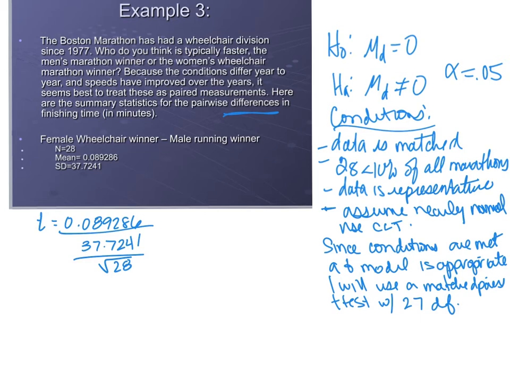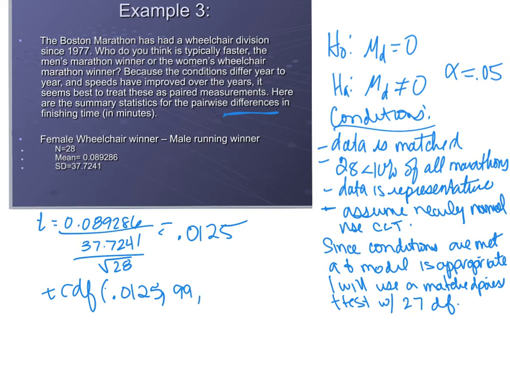Do that in the calculator. 0.089286 divided by 37.7241, that divided by the square root of 28 is 0.0125, and then TCDF for our p-value: 0.0125, comma 99.